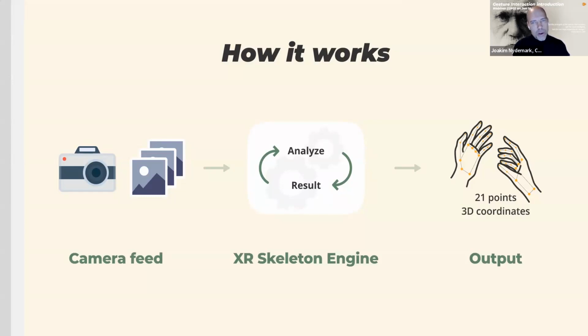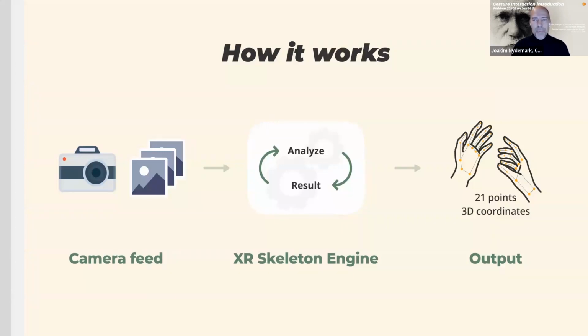What comes out at the other end from our engine is the coordinates for each of these points. In essence, for hands, this is 21 points per hand, with coordinates in 3 dimensions. That is what comes out from the engine and can then be used in, for instance, an application.